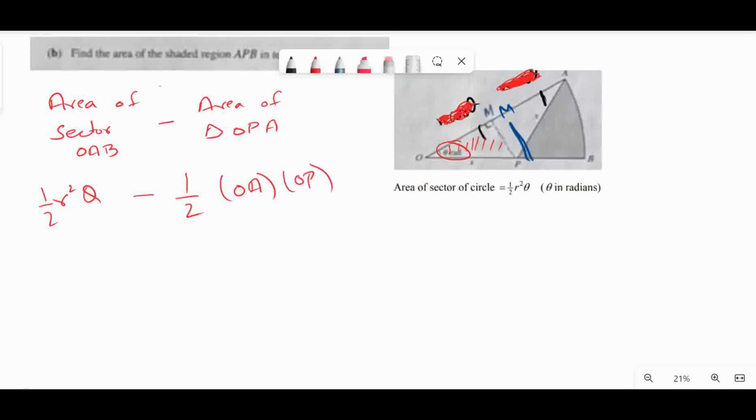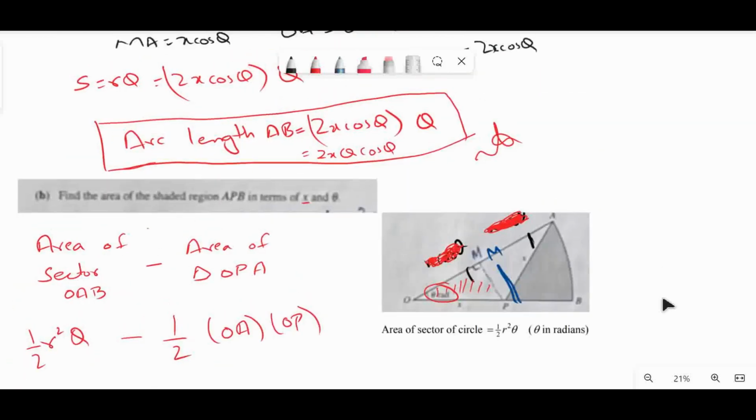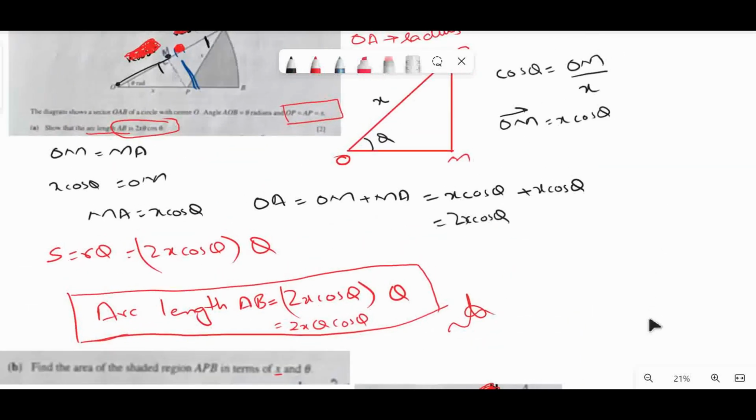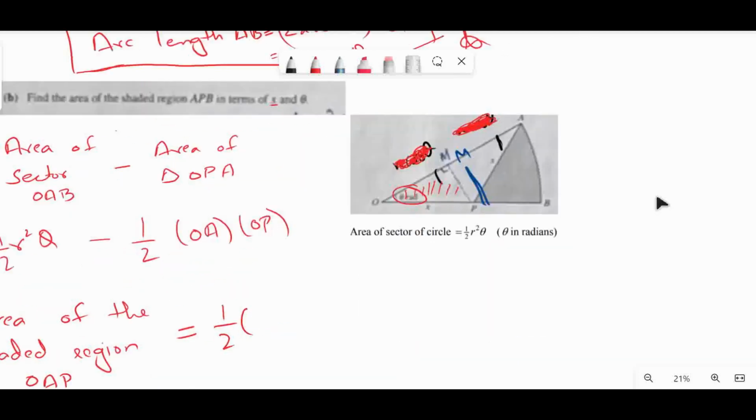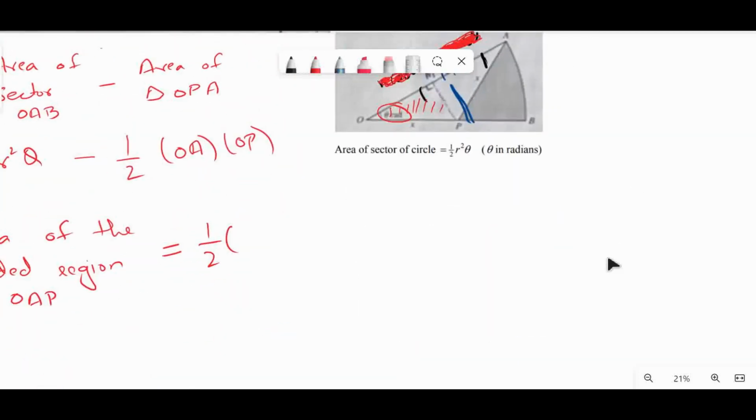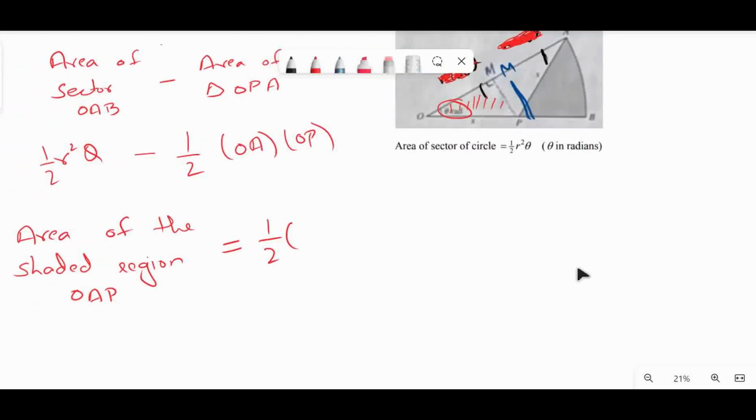So the area of the shaded region will be equal to, let me write it over here, 1 by 2 r square. Now in the previous part we discussed that the radius was equal to 2x cos theta.